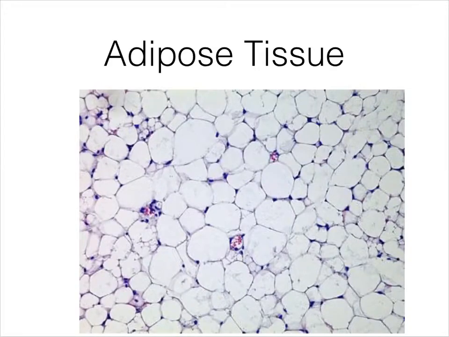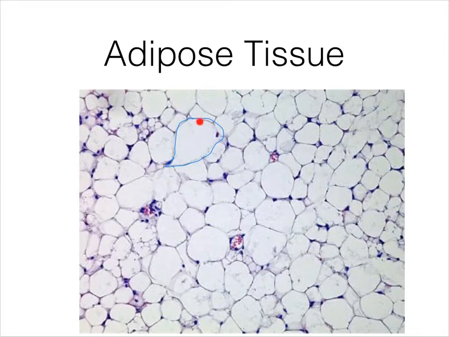So this is adipose tissue. Adipose tissue is very easy to recognize. What you're going to see with adipose tissue is largely large, bulbous, empty cells with nuclei that have been pushed over to the side of them.